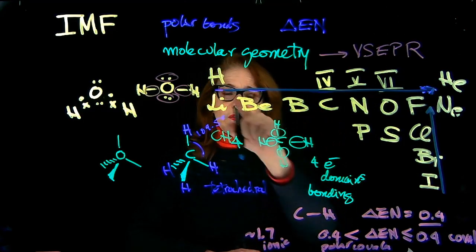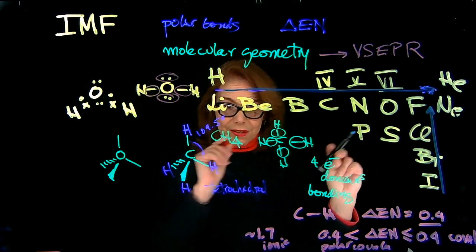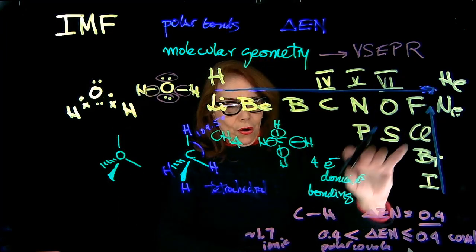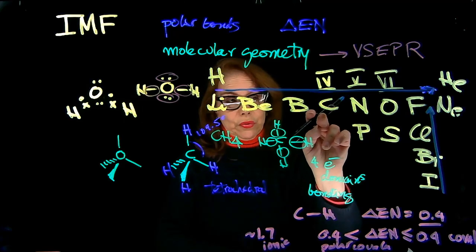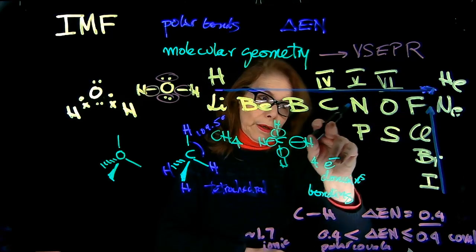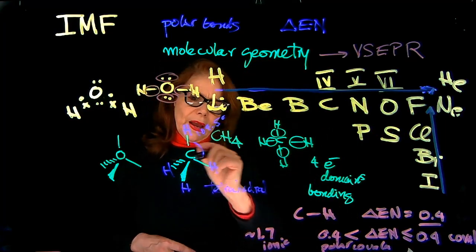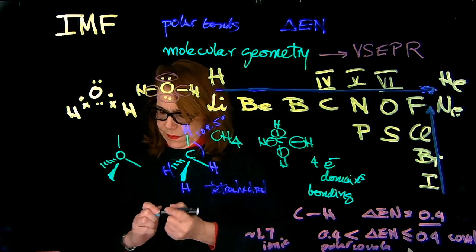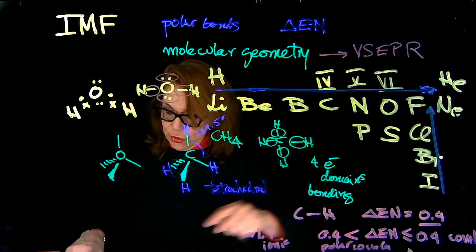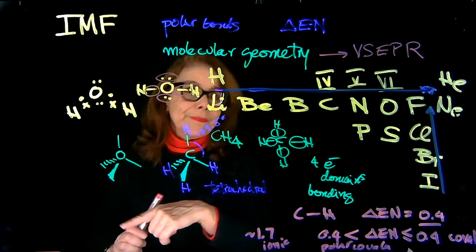So here again, there is a difference between hydrogen and carbon, but it's small, so we're going to consider that simply covalent. Other than that, a bond between carbon and hydrogen will be polar. Between carbon and oxygen will be polar. Carbon and fluorine, carbon and chlorine, and so on. Now, because these are non-polar bonds, according to our definition, we don't draw any arrows.